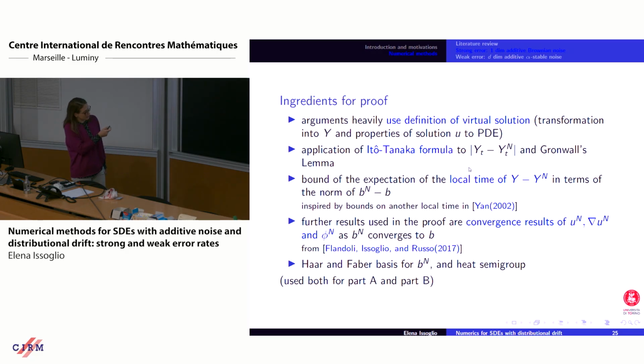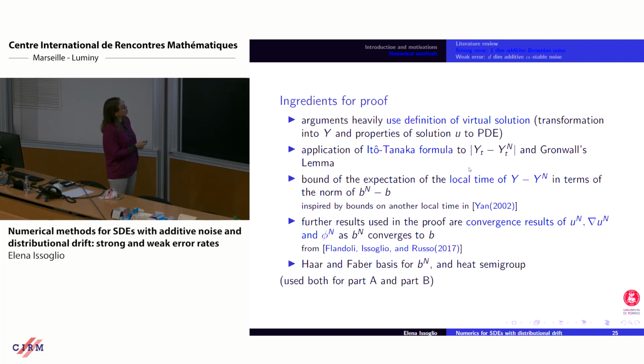So how, I already said a little bit, how do we do that? We use the definition of virtual solution, so we transform into this Y process, and then we use the Ito-Tanaka formula for the absolute value of Y minus Yn to compute the error. And so, because we're doing that, we end up with local times, which is another reason why with this method we cannot go to higher dimension, because we're using local times.